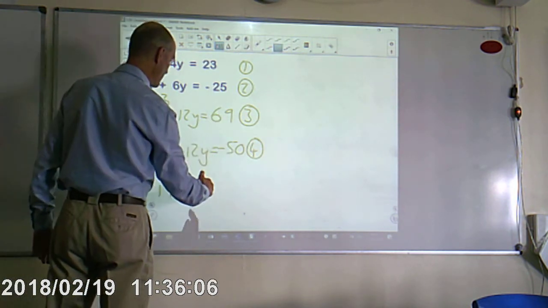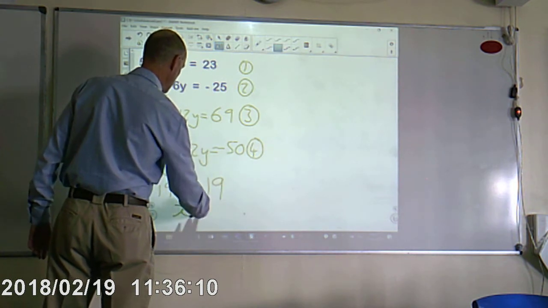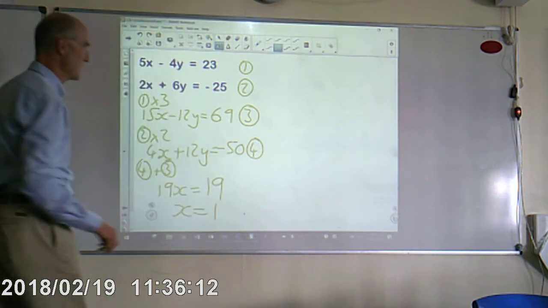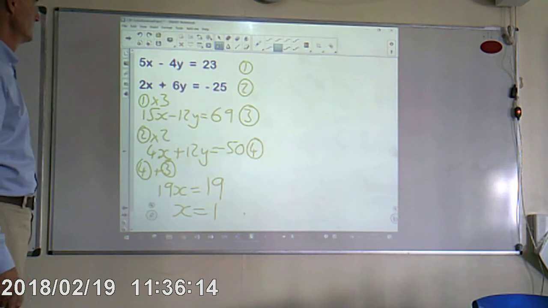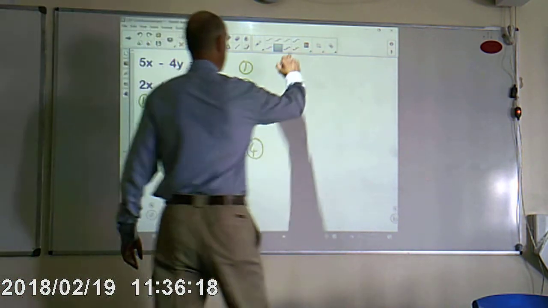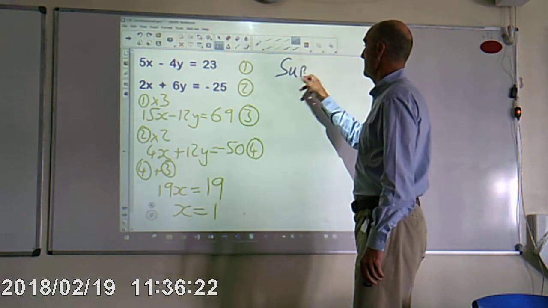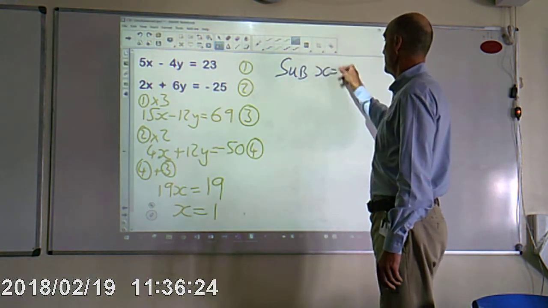Minus 50 added to 69 gives me 19. So x equals 1. Okay, so I've got a value for x. Same thing as I've been doing. Got to substitute x equals 1.